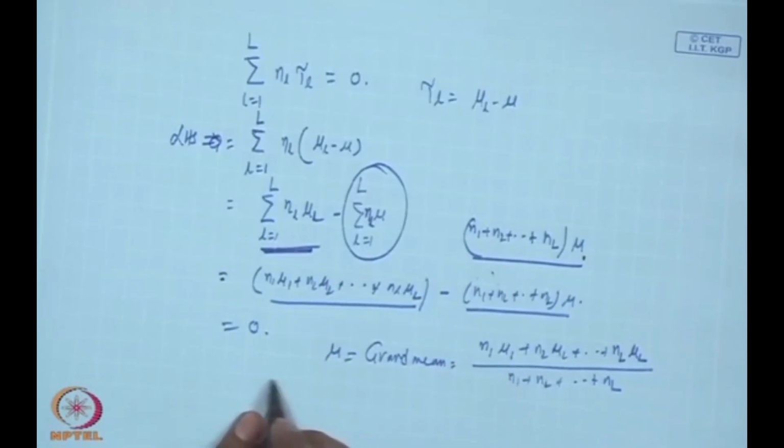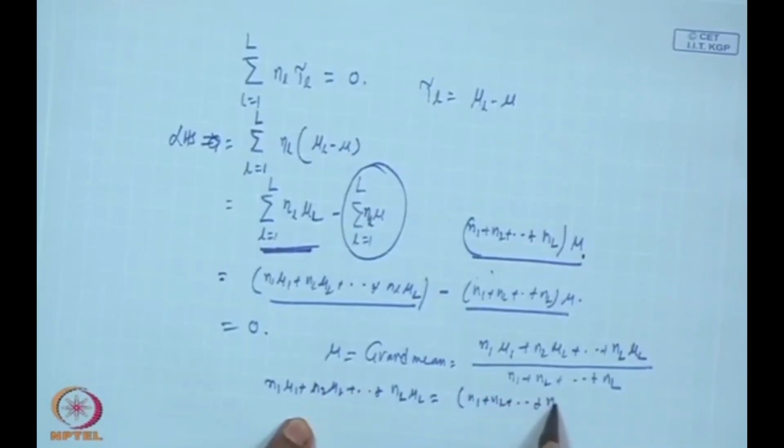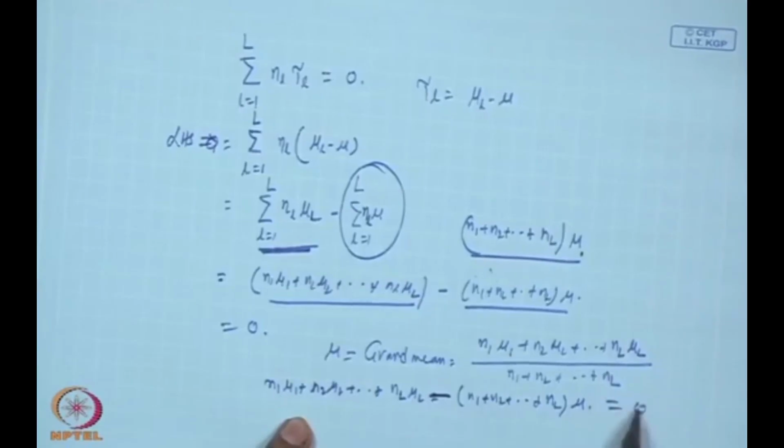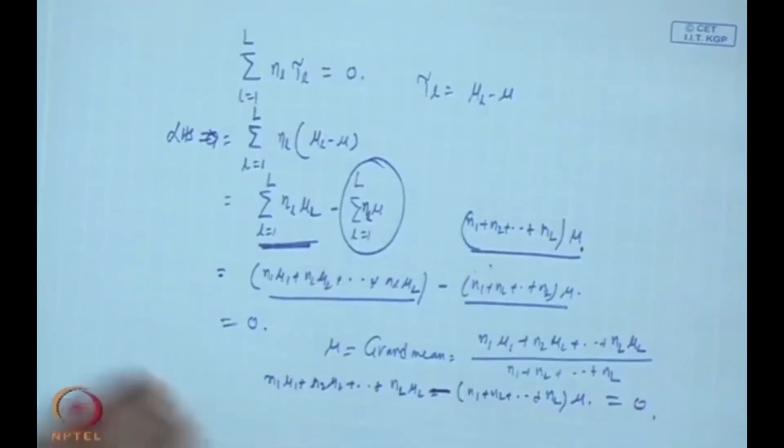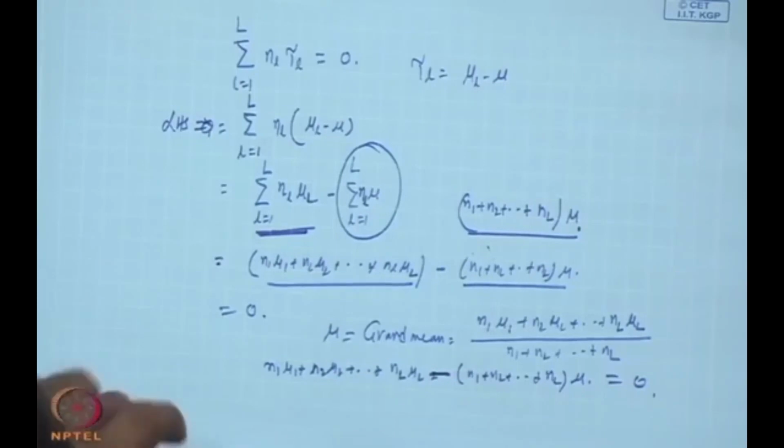So, you can write from here n 1 mu 1 plus n 2 mu 2 plus n L mu L equal to n 1 plus n 2 plus n L into mu. Then if you subtract, this will become 0. This is the case. Okay. Thank you very much.